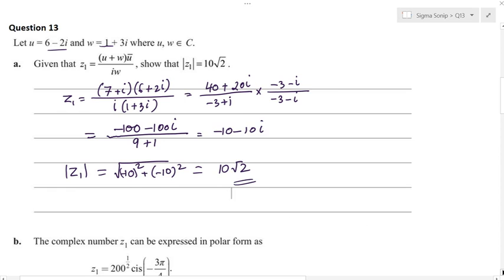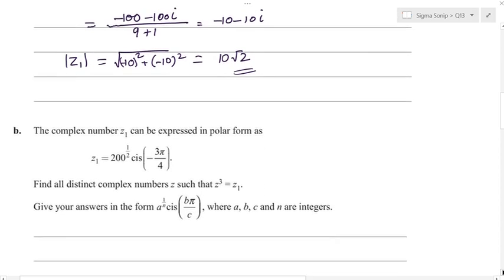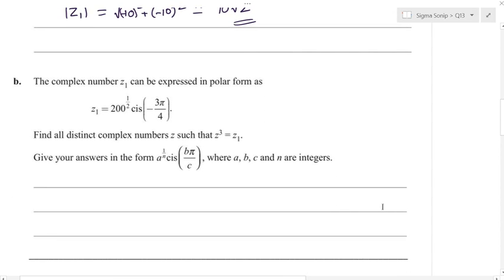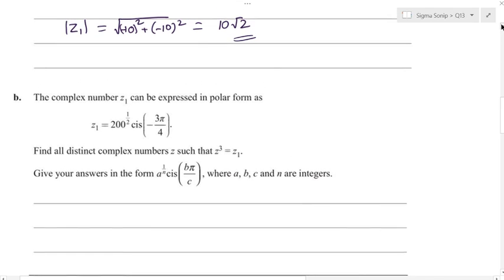Okay, look at part 2, part B. Now part B, this Z1 has already been converted into the polar form here, so we don't need to work through this. It's already given that Z1 can be represented like this in polar form, and we have been told that we need to find the distinct complex numbers Z, such that Z cube equals Z1.